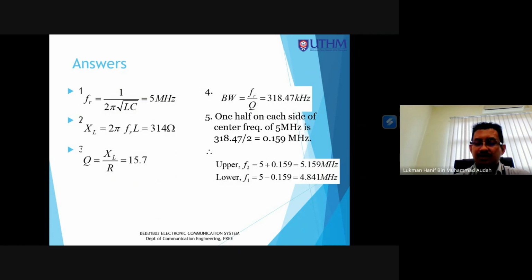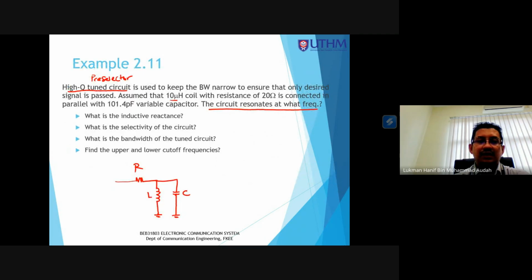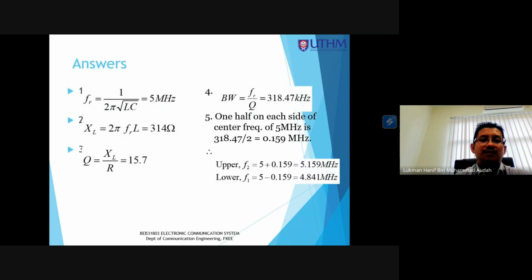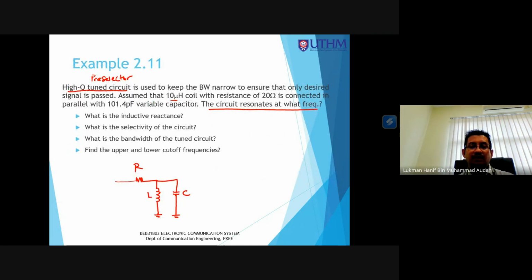So if you put in the values of 100 picofarad and 10 microhenry, take the square root, multiply with 2 pi, and then 1 over this value, you're going to get 5 megahertz. You can use your calculator, whether you can get the value or not.